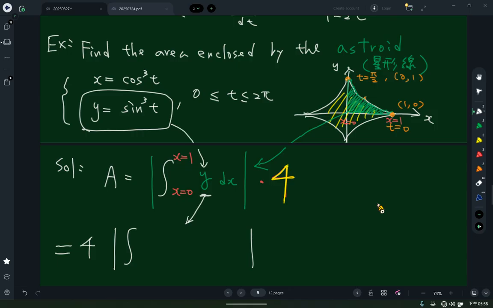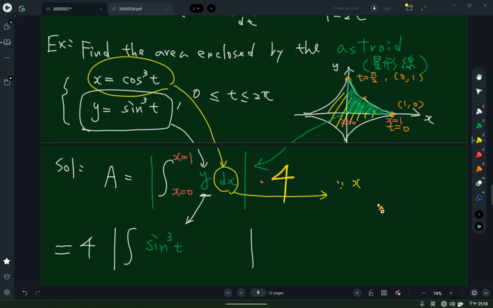So we can get y is sine to the power of 3, t. Then what is dx? As for the dx, we can use this one to try to get dx. So how can we do?